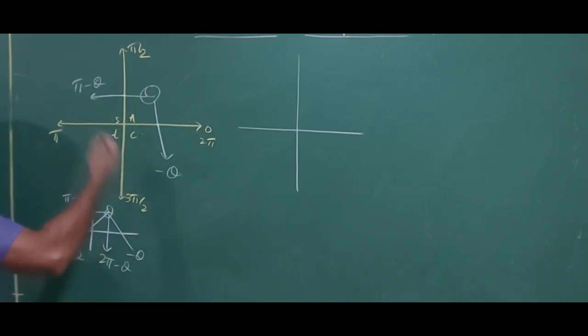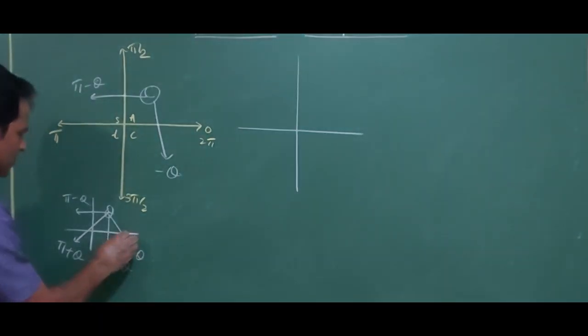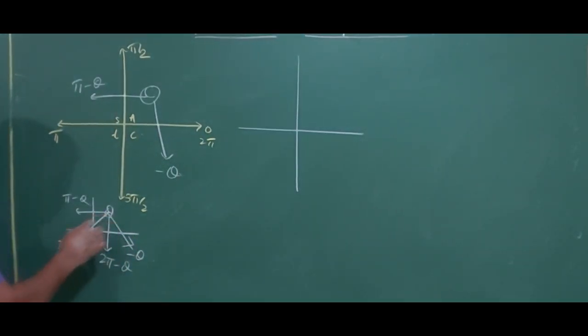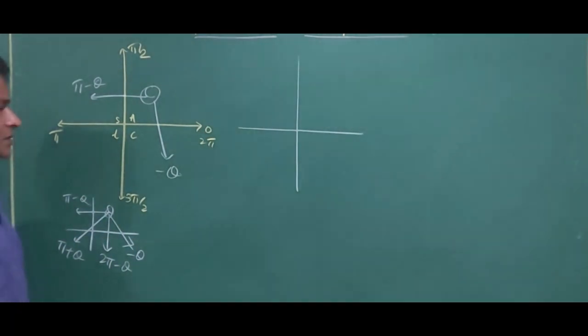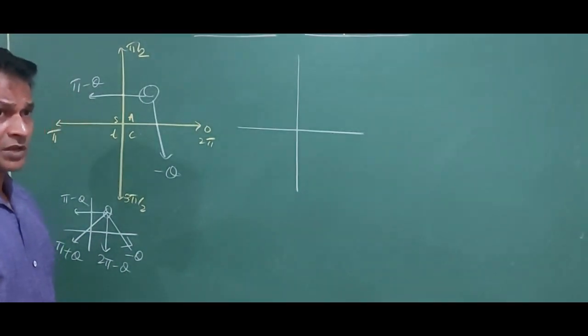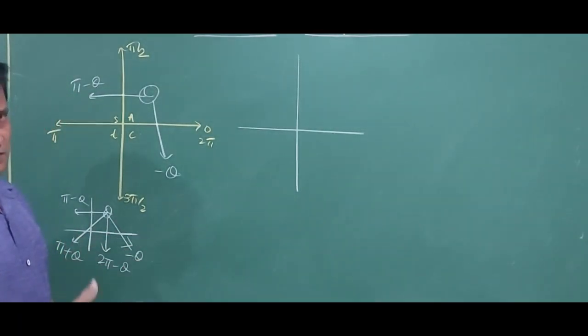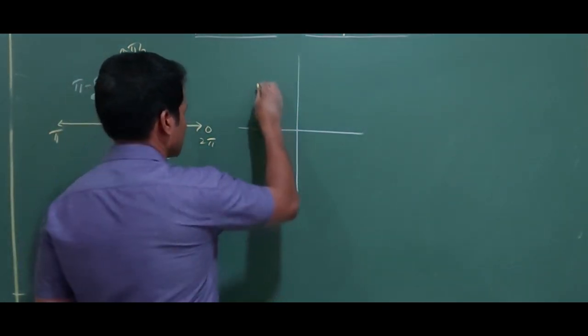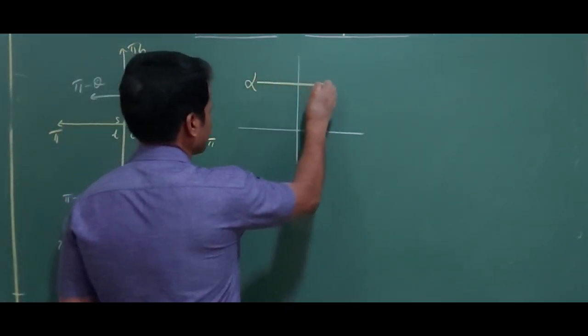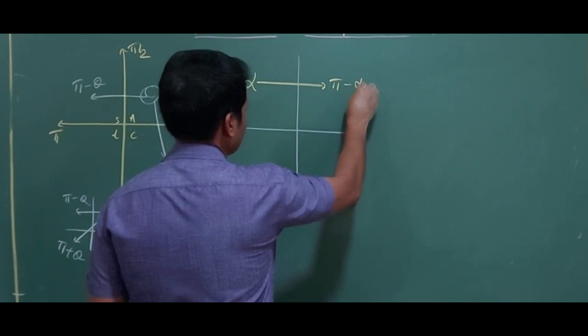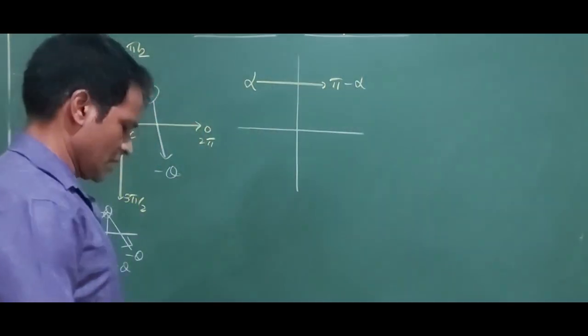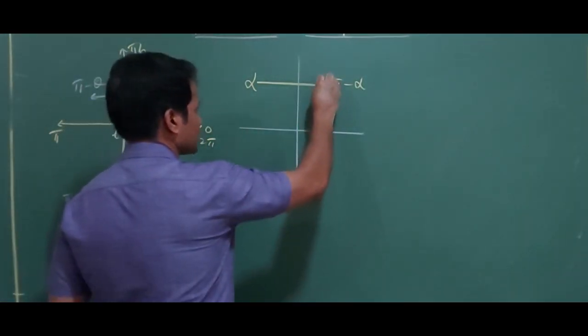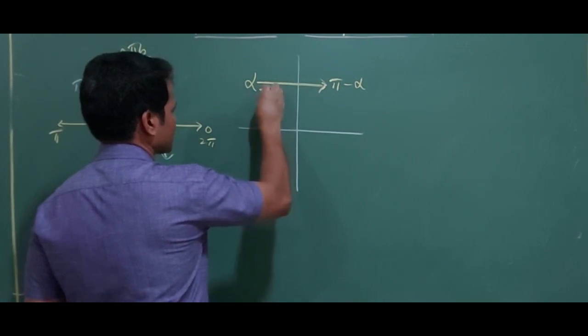Again, by adding 2 pi I will get more values. This is from the first quadrant to the other quadrants: first to second, first to third, first to fourth. But have you heard of going from the other quadrants to the first quadrant? Suppose the value is alpha in the second quadrant, then it is pi minus alpha. Remember it. This is from second to first.